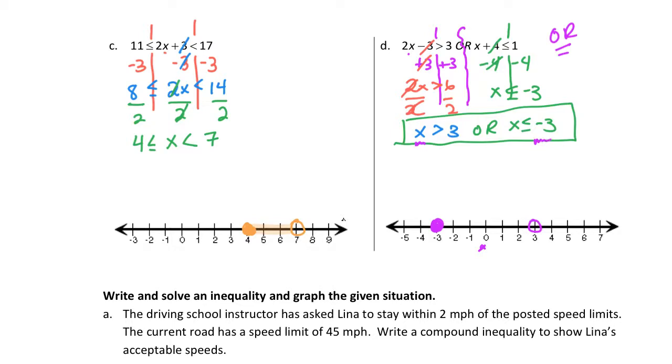Is 0 less than negative 3? No, it's not. So that means since 0's between those endpoints, I don't want to shade anything in between. Or an easier way just to remember is that or means shade on the outside, but you do want to check because remember we had that previous problem where this didn't work.